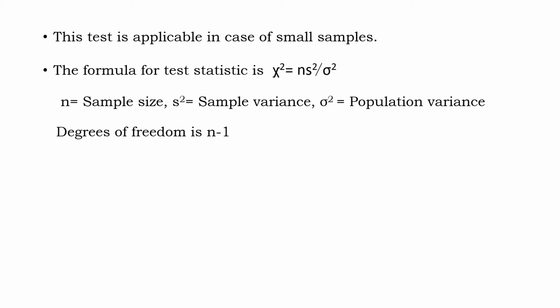For the other three chi-square tests, that is goodness of fit, test of independence of attributes, and test of homogeneity, you have the same formula: chi-square equals the sum of (O minus E) square by E. For testing population variance, chi-square has a different formula, and that is n s square by sigma square. N here stands for sample size, s square for sample variance, and sigma square for population variance. The degrees of freedom here is n minus 1.